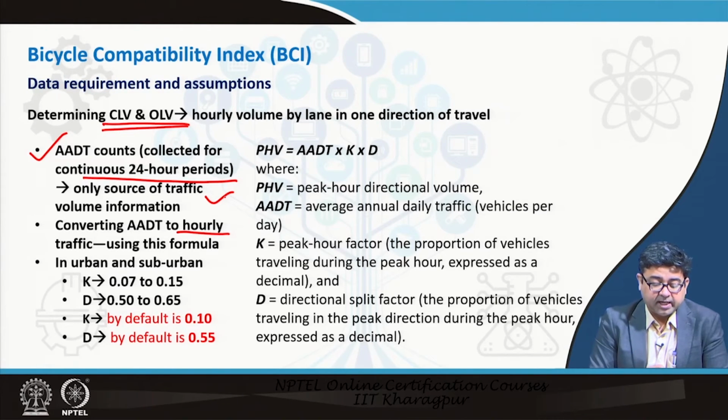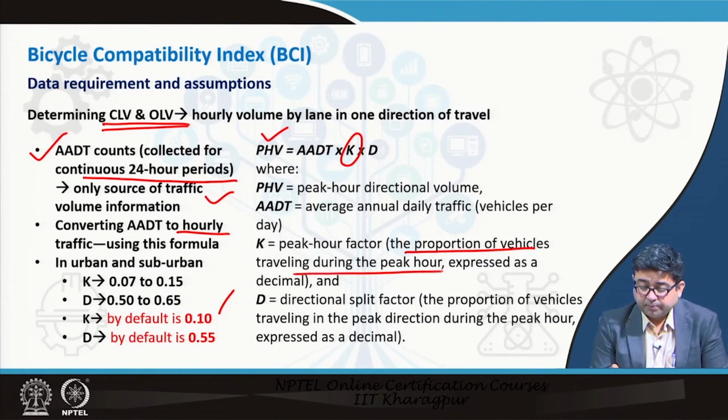So, once you have the AADT, you can convert it to peak hour volumes by using a K factor or conversion factor that allows you to convert to the proportion of vehicles traveling during the peak hour.